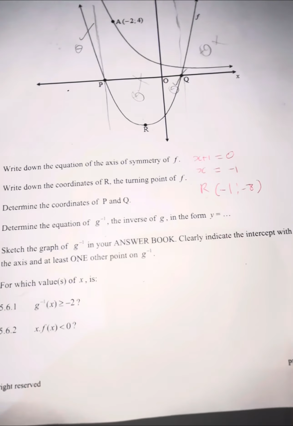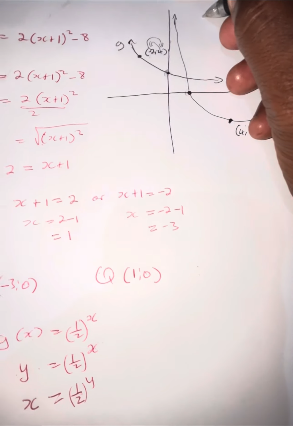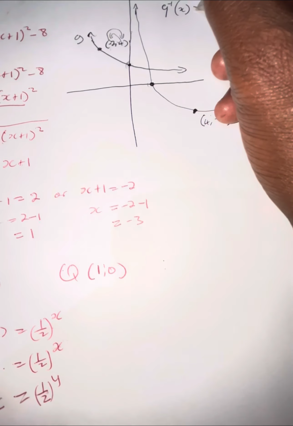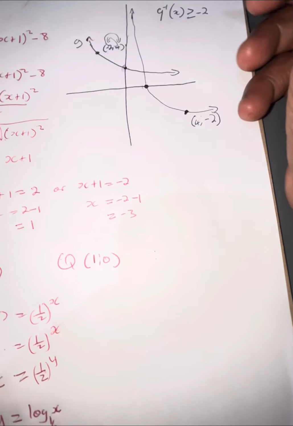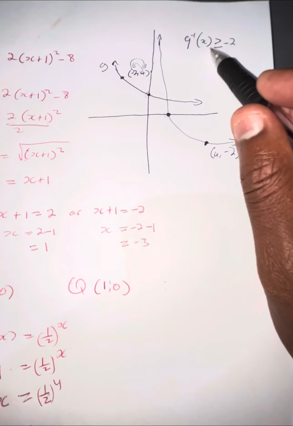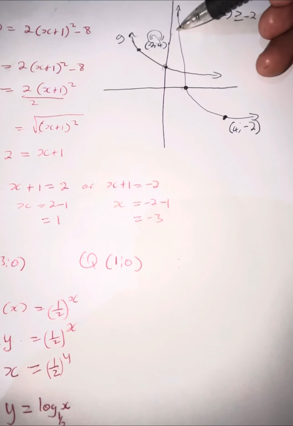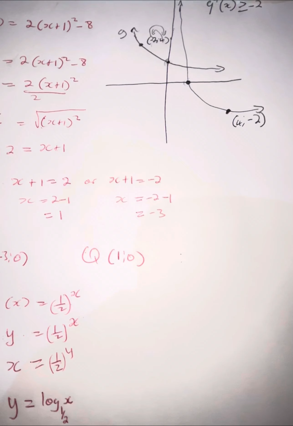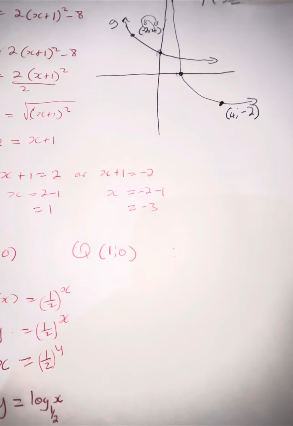So it means now if they're saying the inverse is greater or equal to -2, which values of x? So if you want to work on this one, the inverse is greater or equal to -2, you have to check the graph of the inverse function, okay? So we want to check where y is greater or equal to -2.